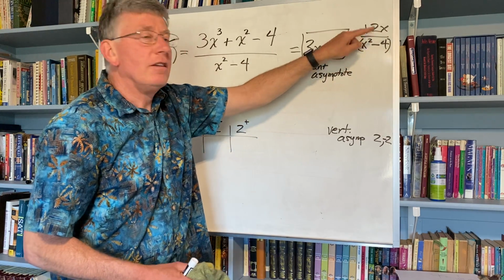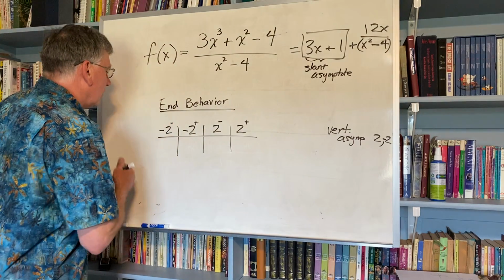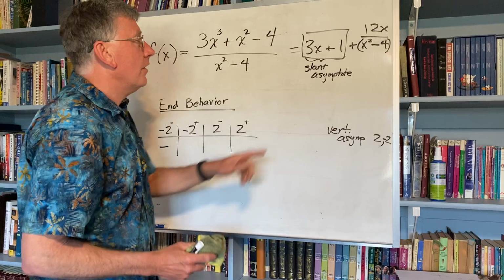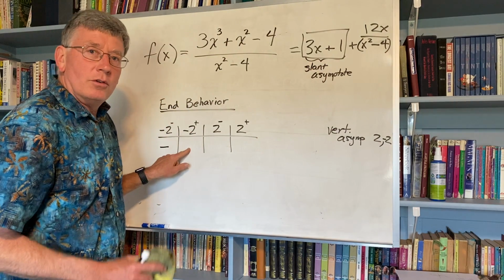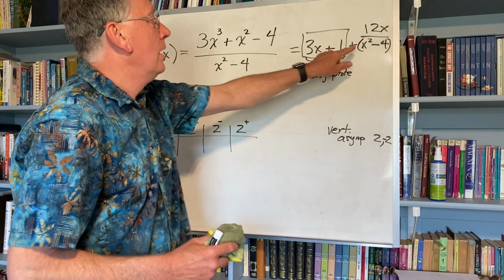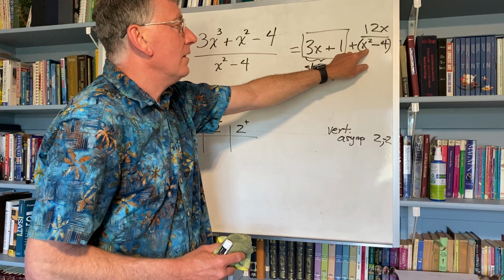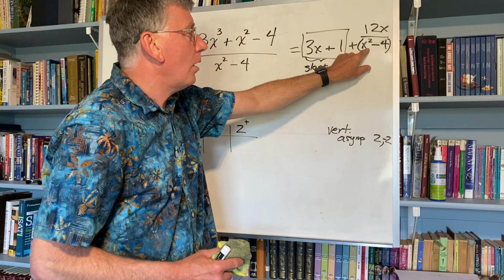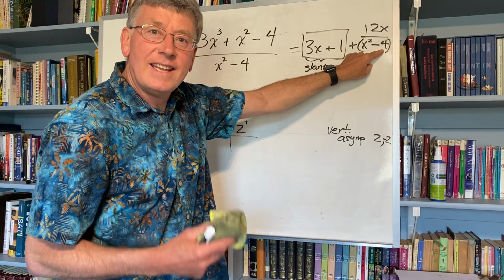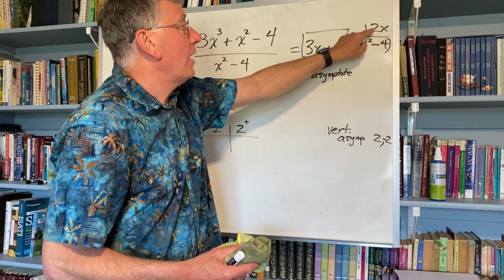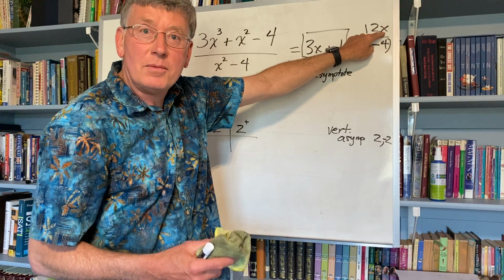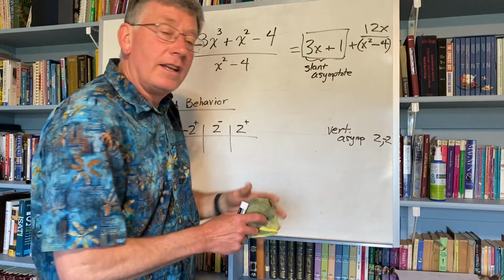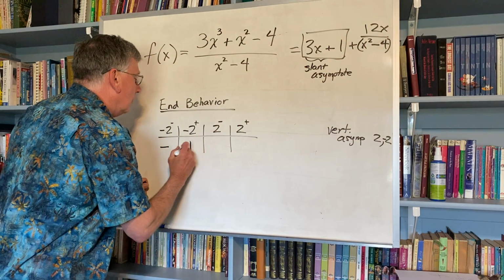So it's a negative divided by a positive, which is negative. Then when I go a little bit right of -2, x squared becomes a little bit smaller than 4, and a little bit smaller than 4 minus 4 is negative. 12 times a -2 something is negative. Negative over negative is positive.